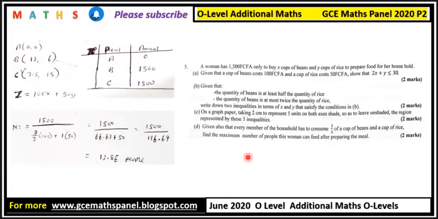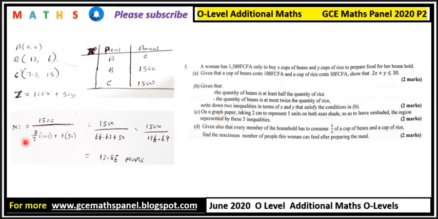So the D part of the question reads: given also that every member of the household consumes 2/3 of a cup of beans and a cup of rice, find the maximum number of people this woman can feed after preparing the meal. So if one person can eat 2/3 cup of beans and a cup of rice, what is the cost of 2/3 cup of beans?